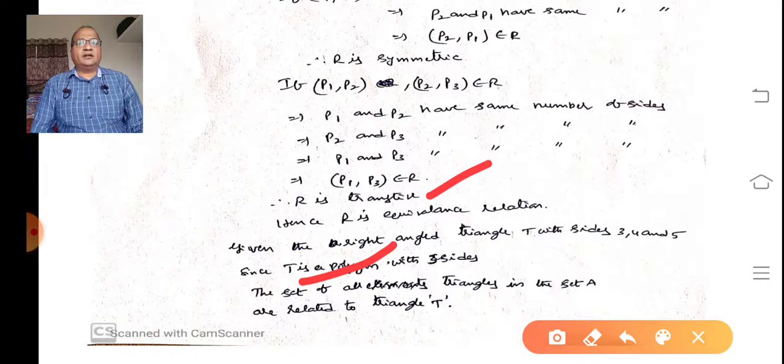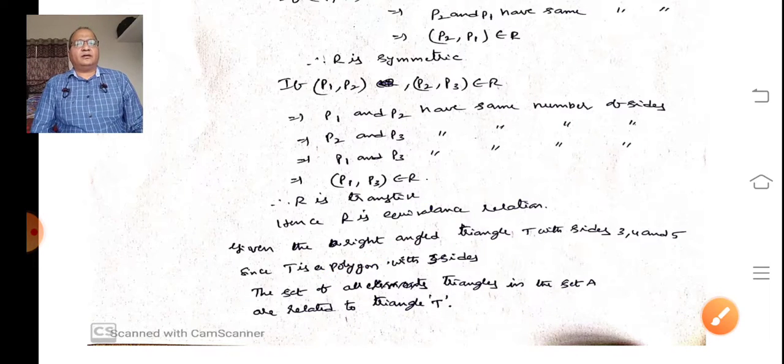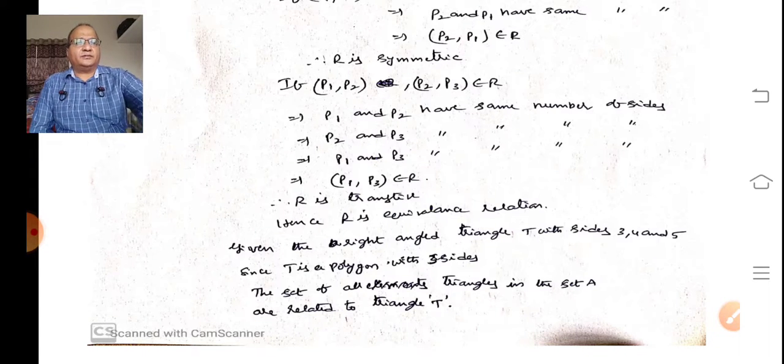Here the right angle is not important, the number of sides is important. In any triangle, the number of sides is 3. Hence all the triangles in the set A are related to the right angle triangle with sides 3, 4, 5.